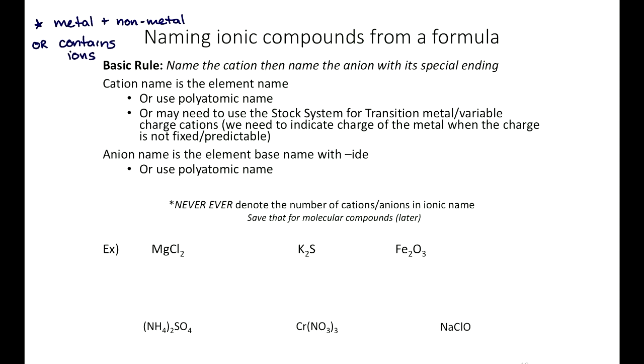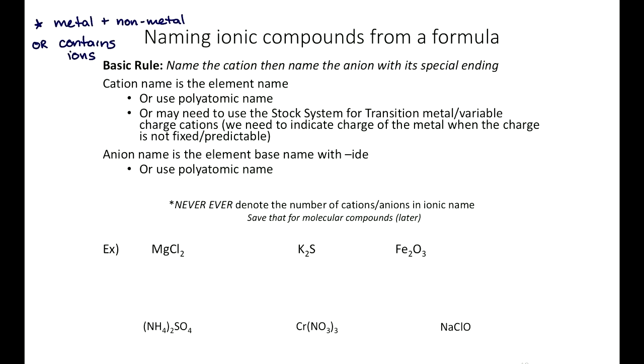Nonmetals tend to form anions. So if you have a cation and anion, you're going to have an ionic compound. Or, all right? It doesn't always have to be a metal and a nonmetal. It can also just be ions. If you have multiple polyatomics present, like positively and negatively charged ones, that too can be named using ionic rules. Ionic compounds just contain ions. Most of them are metals and nonmetals.